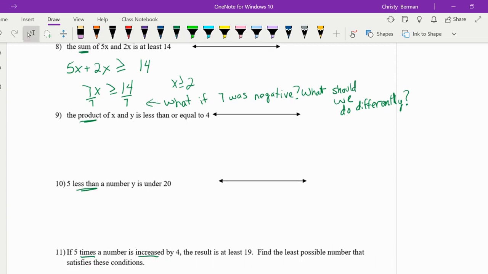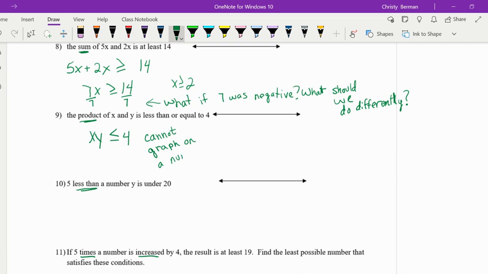Product of x and y. Product means multiplication. So when you have variables, you don't need to put any symbols in between or anything. This one already tells us that it's less than or equal to 4. This particular problem, we cannot graph on a number line because it has 2 variables.